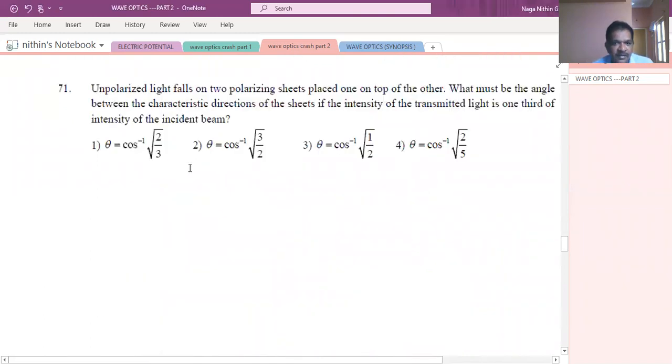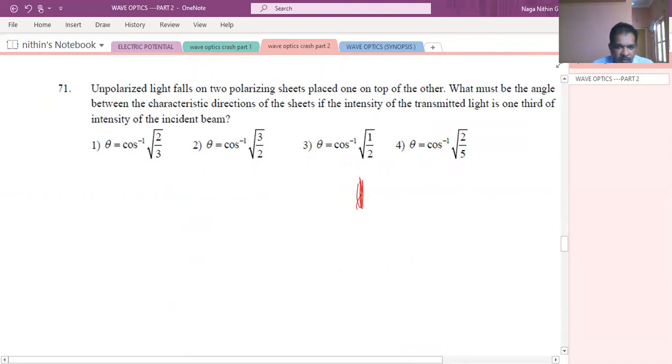Unpolarized light falls on two polarizing sheets placed one on top of the other. What must be the angle between the characteristic directions of the sheets if the intensity of the transmitted light is 1/3 of the intensity of the incident wave?